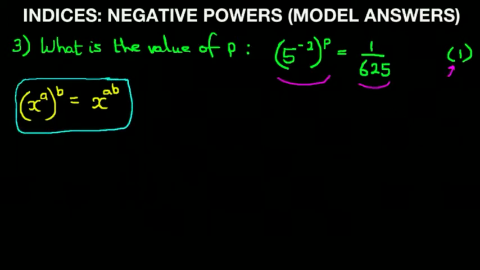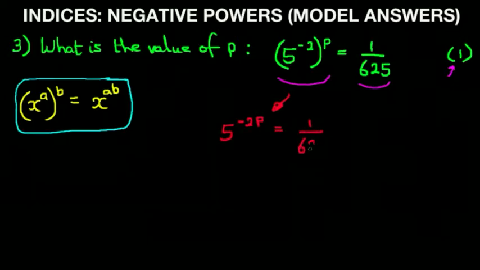So therefore we can simplify the first part of the equation. We can write down 5 to the power of minus 2p equals 1 over 625. Now let's use the rule of negative powers to answer this question.